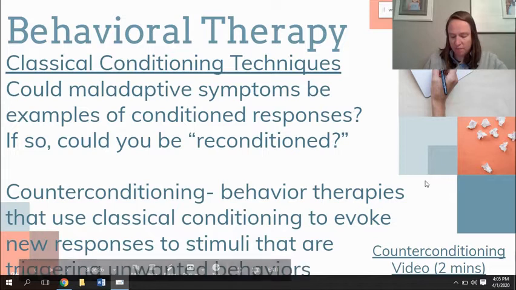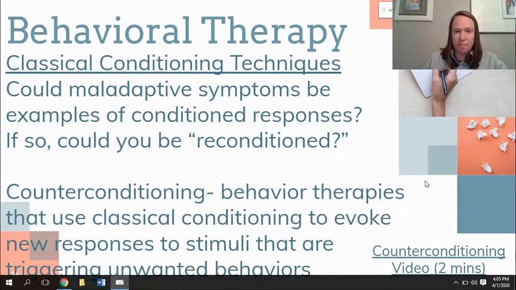So counter conditioning is behavior therapies that use classical conditioning to evoke new responses to stimuli that are triggering unwanted behaviors.